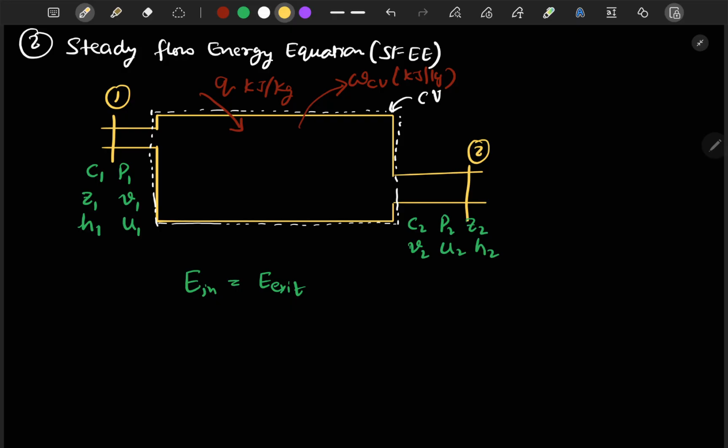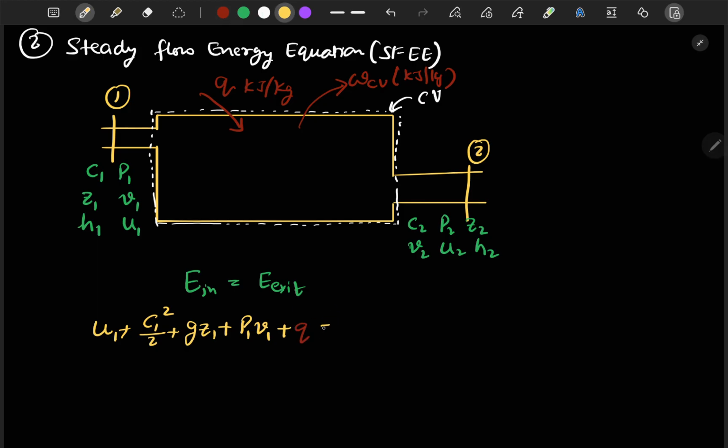At entry, the fluid is entering with internal energy u1, having the speed of c1, so we take kinetic energy, plus potential energy gz1, plus flow work for the entry element p1v1, plus one more thing entering, which is the q amount of heat.